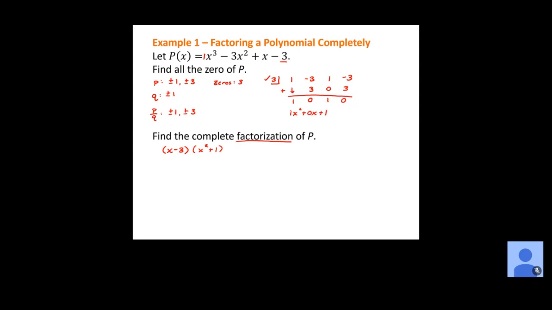Because the last 0 is the remainder. So that just represents 1x squared plus 0x plus 1. But that's just x squared plus 1, right? Because the 0x goes away. And so that's how I got this x squared plus 1 as my other factor now. And then again, because 3 is a 0, right? That's how we know that x minus 3 has to be one of our factors also. Okay? Any other questions there?